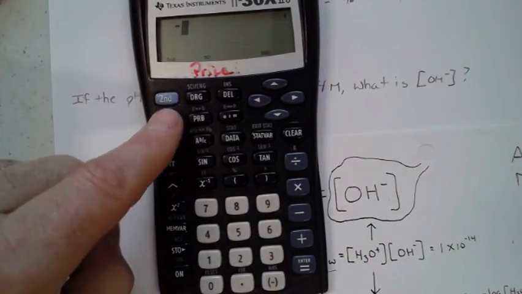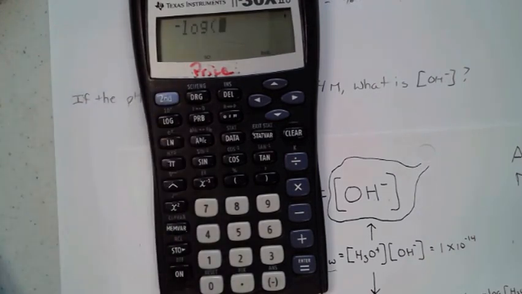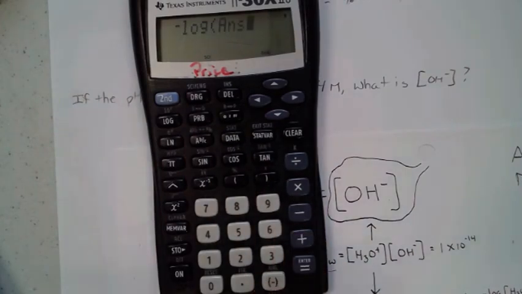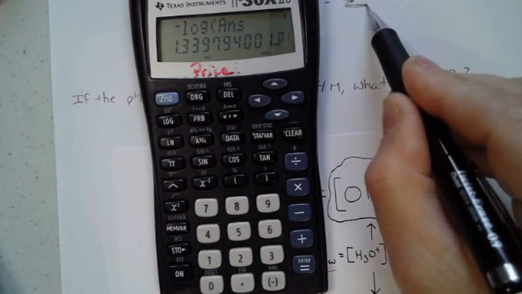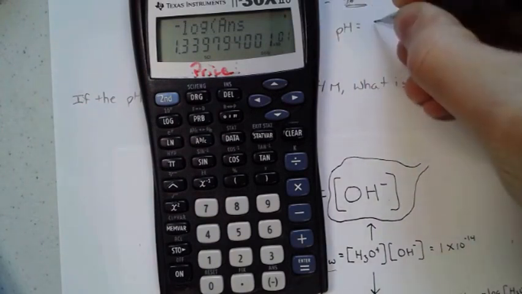And then, not 10 to the x, sorry, I just go log. So negative log, and then the concentration of that answer. So I'm going to go second answer, which is 4 times 10 negative 14. I push equals.